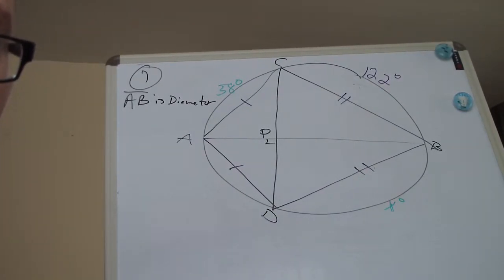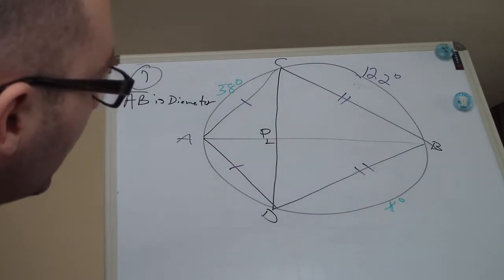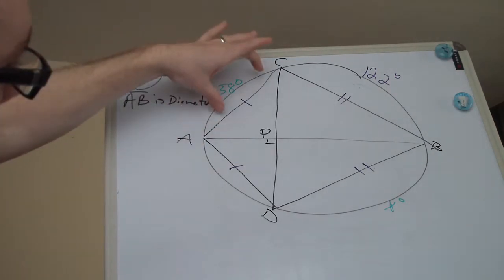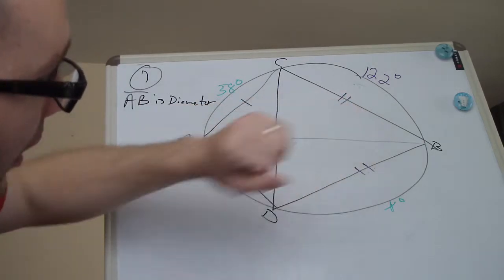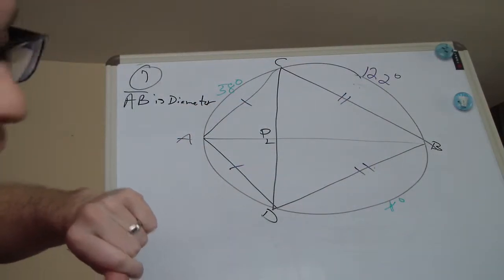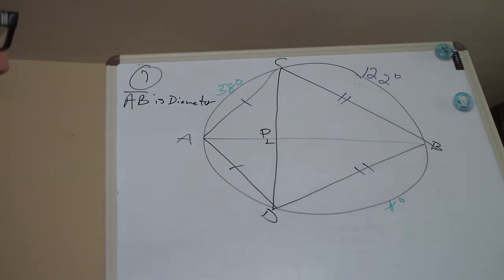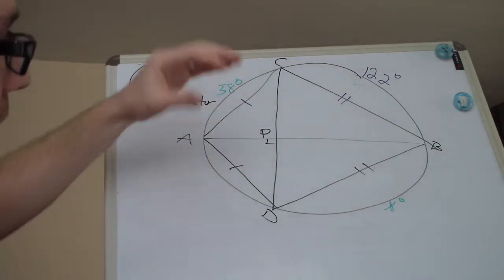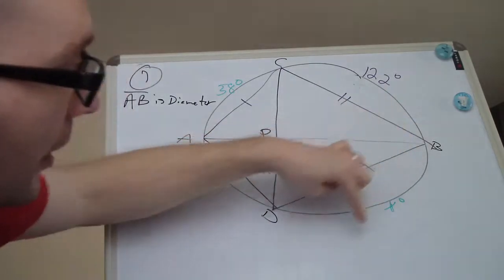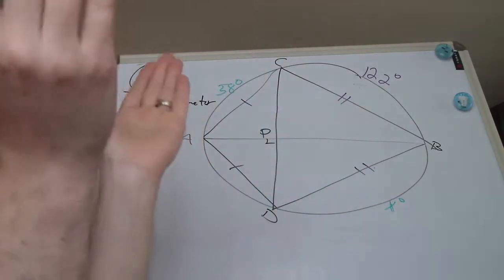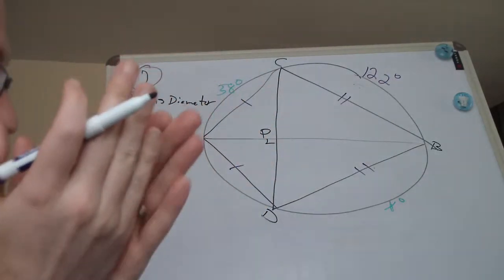Okay? So if they're congruent, that goes back to something else we talked about, that we have these chords that are congruent. And if the chords are congruent, that means the corresponding central angles are congruent. Well, the corresponding central angles, that measure is actually the measure of the arc that is intersected by the radii of the angle.